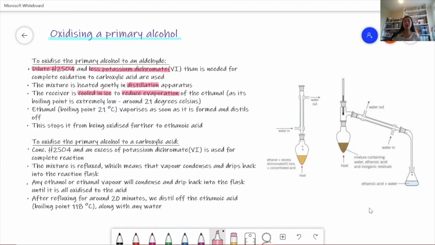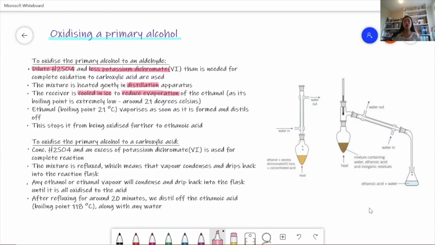This is because ethanal's boiling point is extremely low at around 21 degrees Celsius, so actually less than room temperature, and that's why we need to keep the receiver in some ice. And because ethanal has a very low boiling point, it vaporizes as soon as it's formed and distills off. And this stops it from being oxidized further to ethanoic acid.